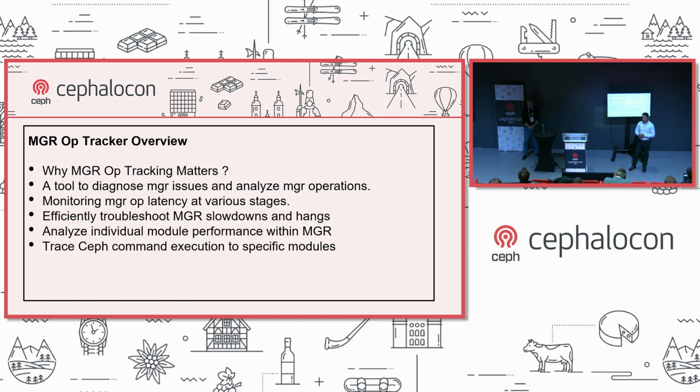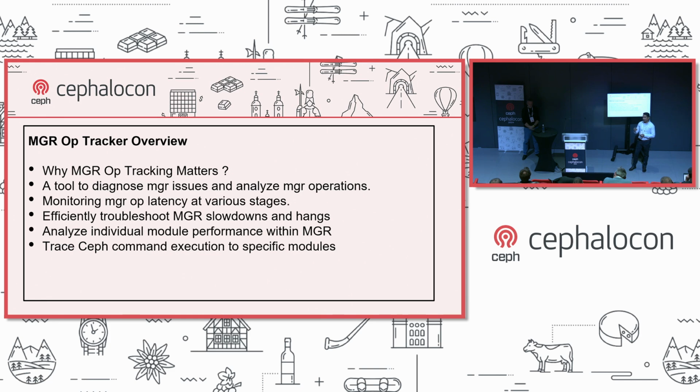I would quote one of the recent issues we encountered. If you do an MGR fail to fail over to another standby MGR, and then initiate a command, like any Ceph crash command or volumes command, like CephFS commands, we used to get an E not supported error.